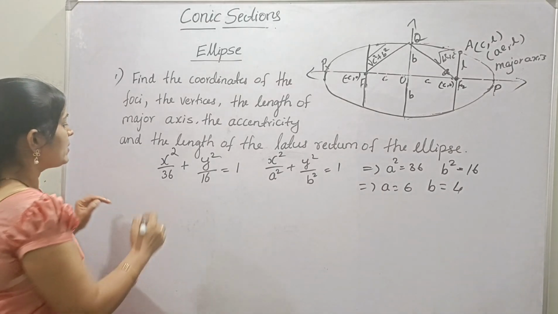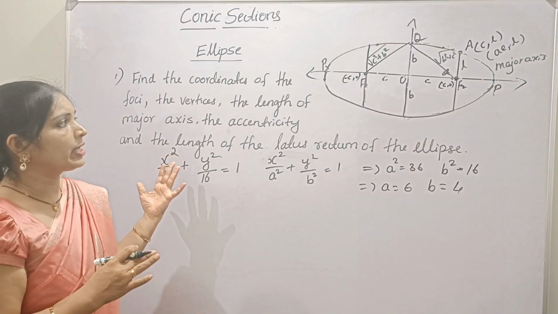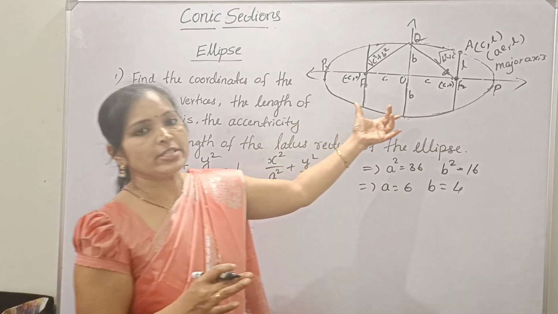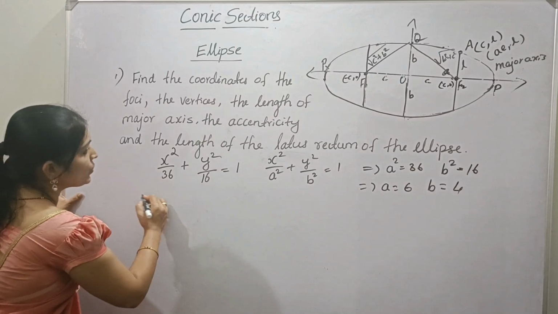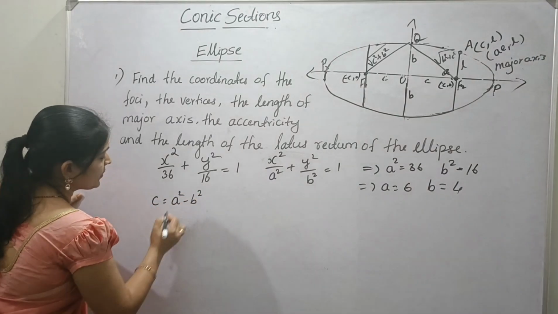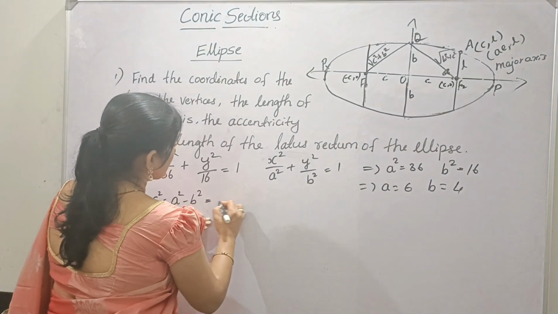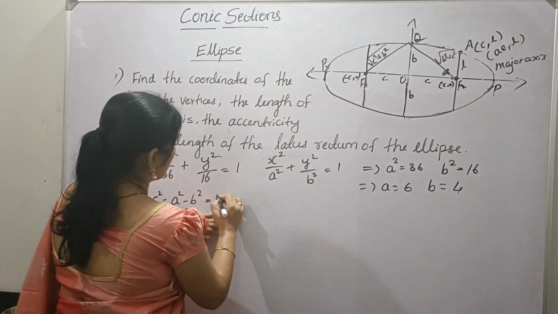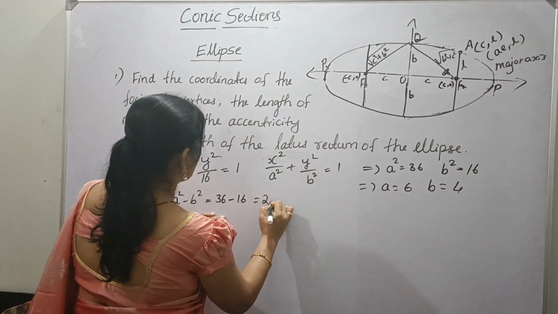We know the relationship between a, b, c, which we derived from the definition of the ellipse. So c square is equal to a square minus b square, that is 36 minus 16, that is 20.